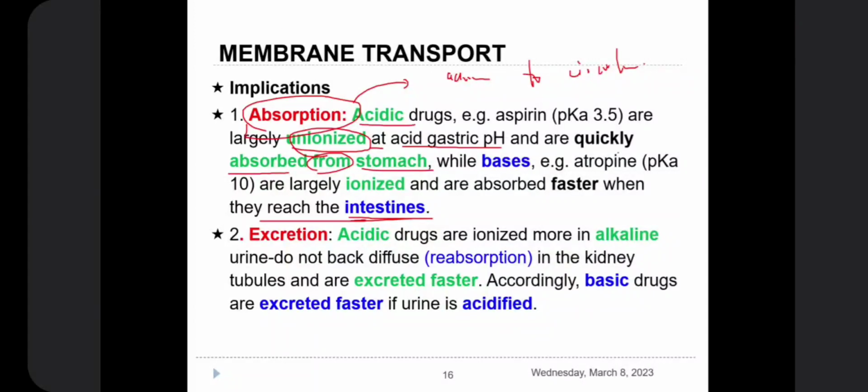Okay, this is for absorption. Next one, excretion. The major organ is the kidney.